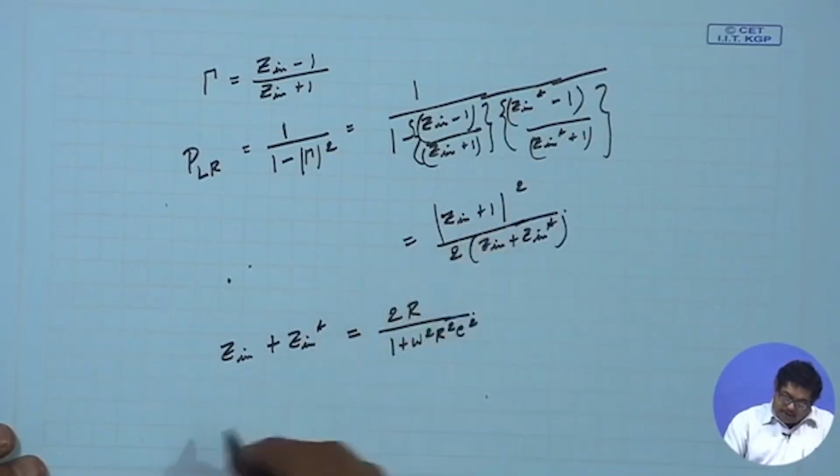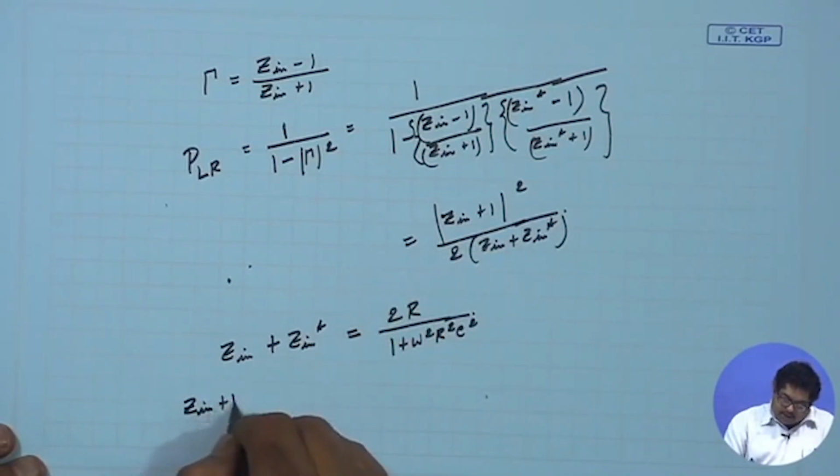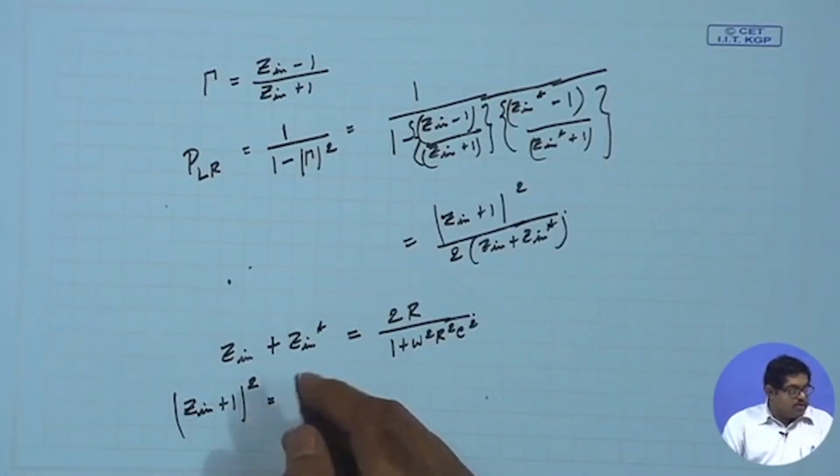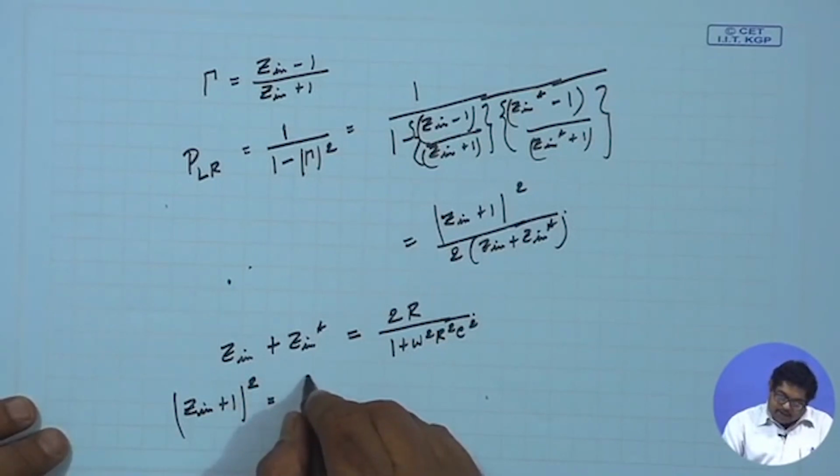and another term is this, the magnitude square of Z in plus 1, which we can immediately write.